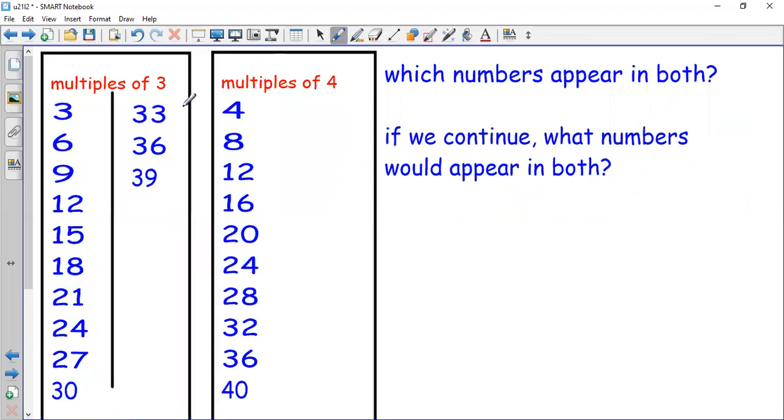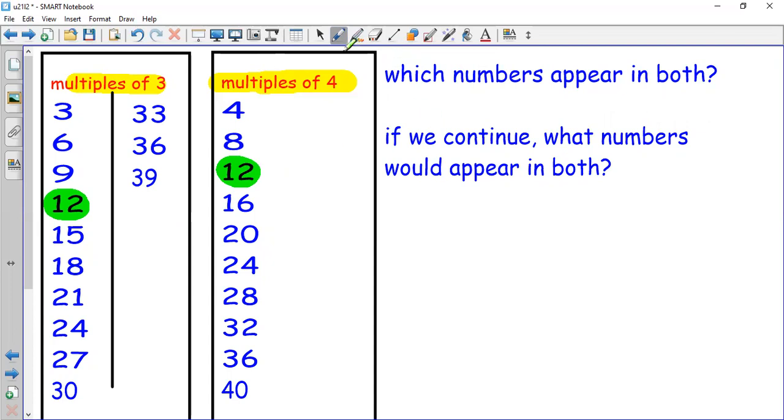I have another two lists here, multiples of 3 and multiples of 4. I have these two lists, 3, 6, 9, 12, 15, and so on, and 4, 8, 12, 16, 20, 24, and so on. Which numbers appear in both lists? Let's check. Here I can see 12, and here also I can see 12.